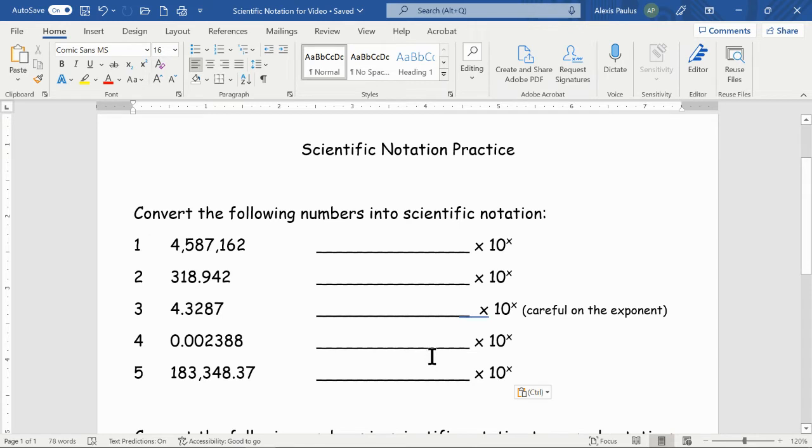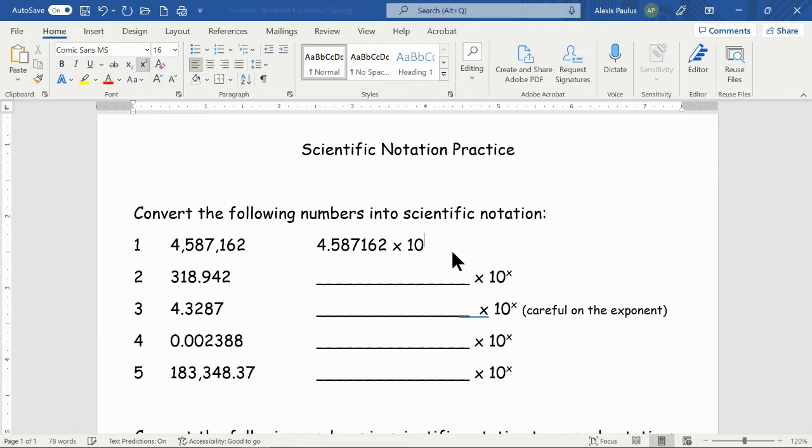Okay, so scientific notation, the decimal always goes after the first whole number. So I'm just going to enter all the numbers, 4, 5, 8, 7, 1, 6, 2. Decimal always goes after the first whole number. Now, for this to get back to what it originally was, the decimal has to go to the right, which means that my exponent's going to be positive, and it needs to go 1, 2, 3, 4, 5, 6 spaces.